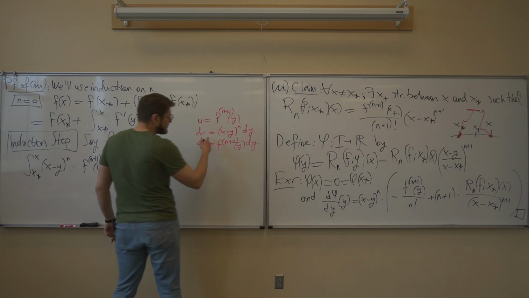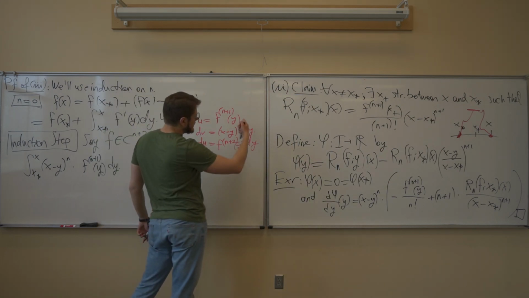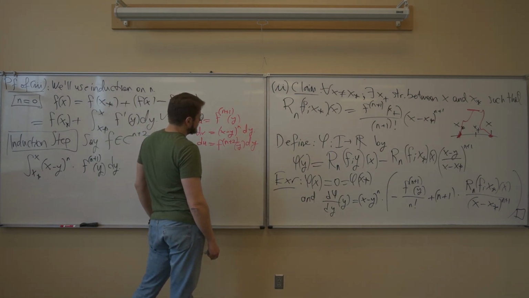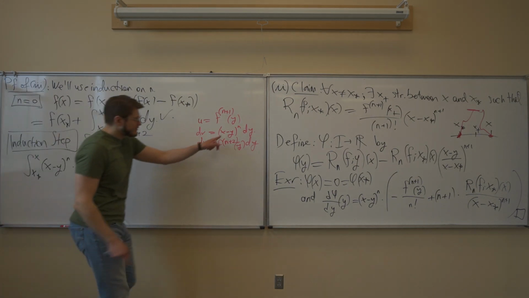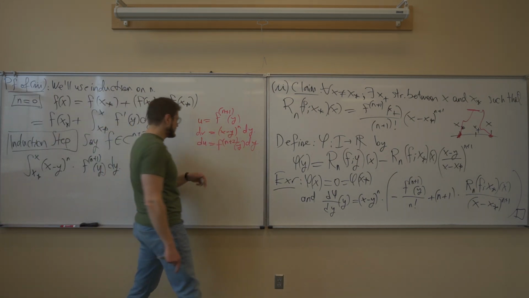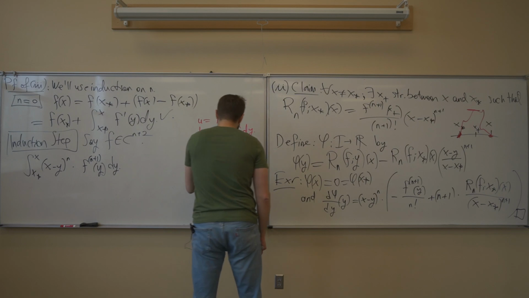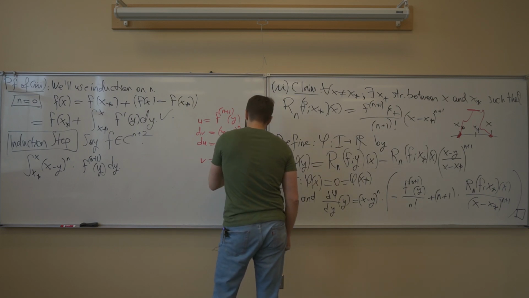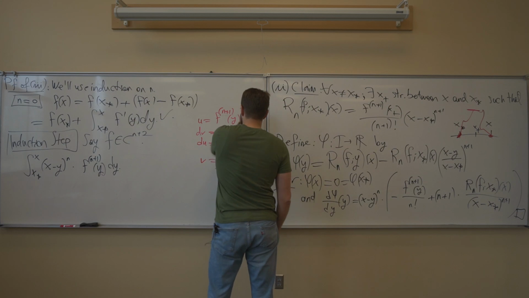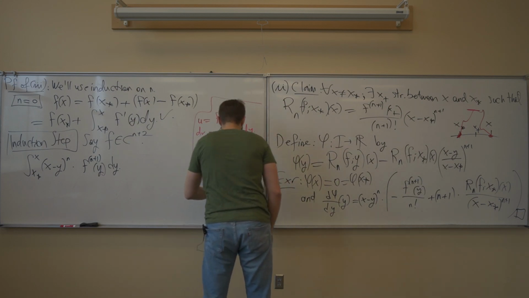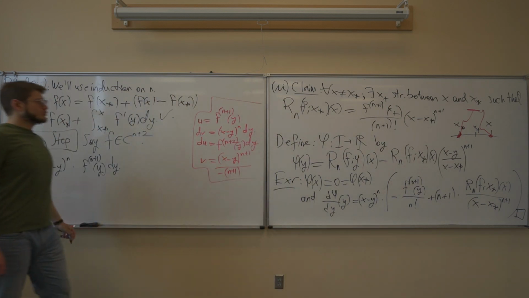And v is supposed to be (x minus y) raised to the power n plus 1 divided by n plus 1, but with a factor of minus because I'm integrating with respect to y. So these are my by parts formulas.